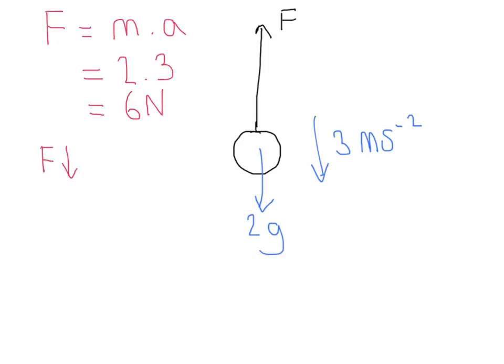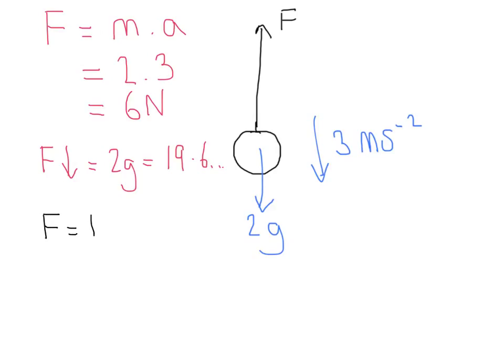Now let's have a look at the force downwards. The force downwards is equal to 2g, which is 19.6. I don't need to go into more significant figures than that. You can see that that's much bigger than the resultant force that you need. So F must be equal to the difference between those.